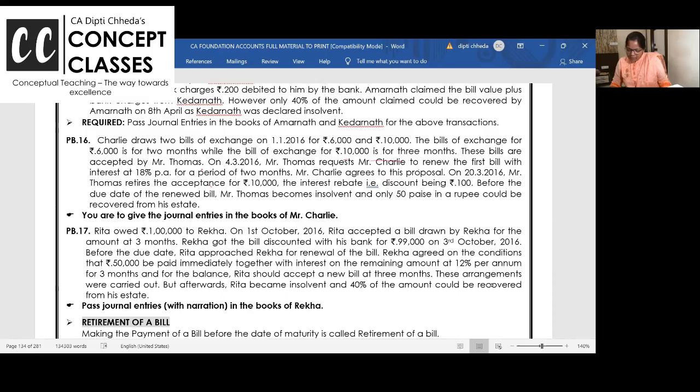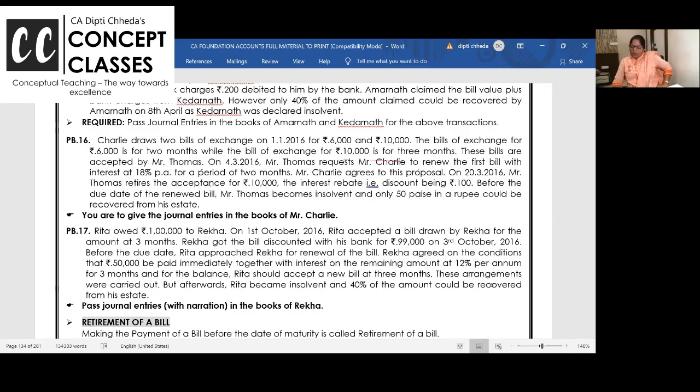On 23rd March, Mr. Thomas retires the acceptance for 10,000. So second bill तो कर दिया time पे payment and interest is 100. Okay, okay. First bill you have asked to renew. Check. Charlie has drawn two bills.